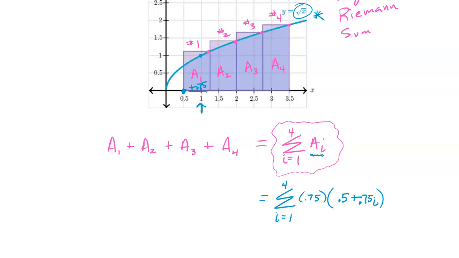And then what this will do is for each I number I plug in, 1, 2, 3, and 4, I'm going to start at 0.5 and then add 0.75 each time. Now our goal was to have the square root of x, so these numbers take place of x.